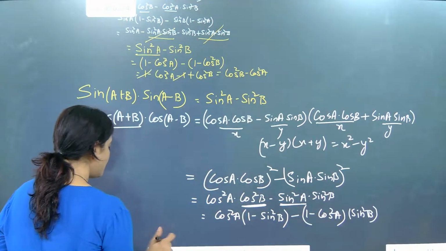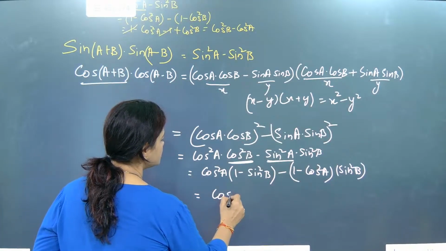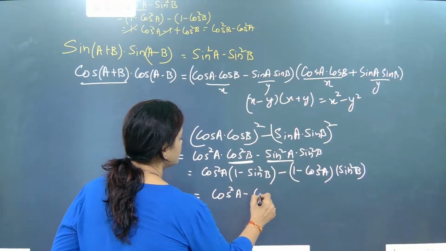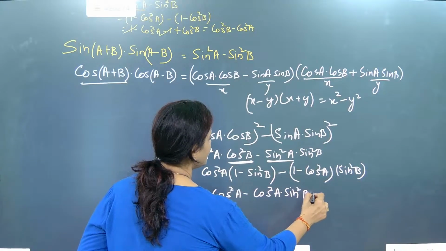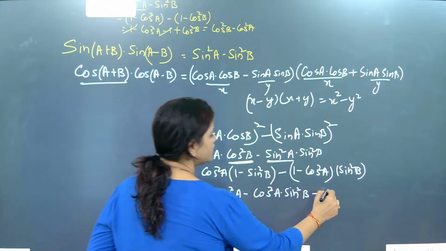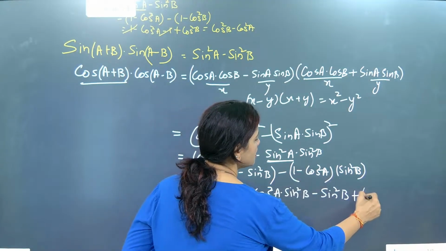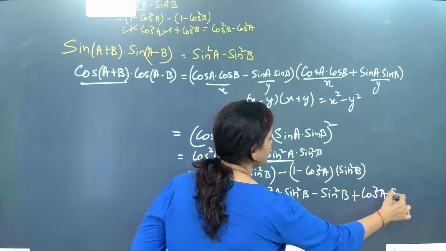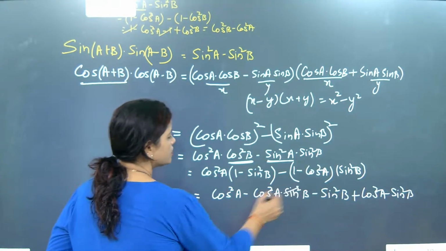Okay, so now once you are doing this, we will be solving it. It will become cos square A minus cos square A sine square B, and here sine square B will multiply minus sine square B, minus into minus plus cos square A into sine square B. Now this is exactly going to cancel this.